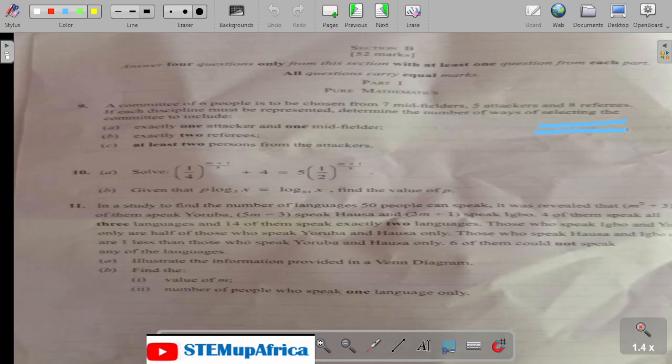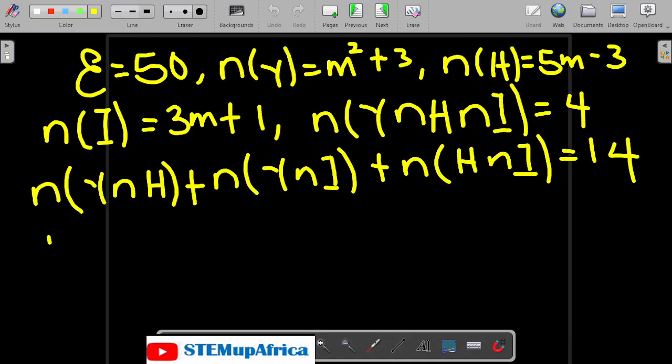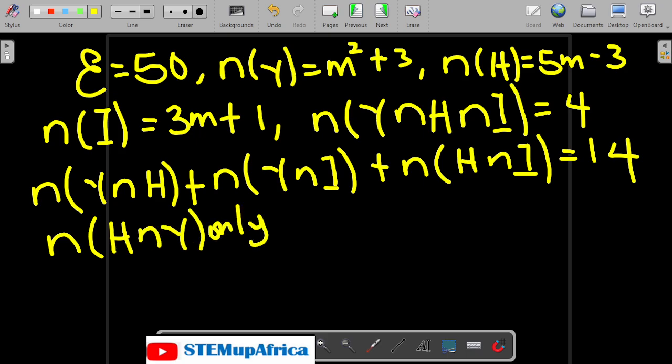Those who speak Igbo and Yoruba only, and those who speak Hausa and Yoruba only. Let's know how many people speak Hausa and Yoruba only. We don't know it, so the number that speak Hausa and Yoruba only, let's call it x.